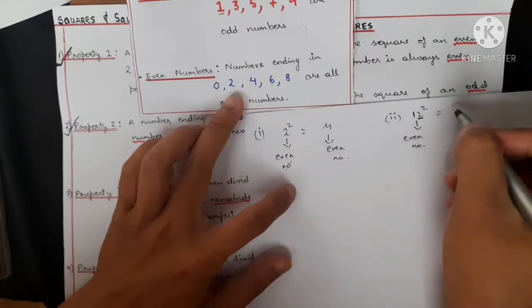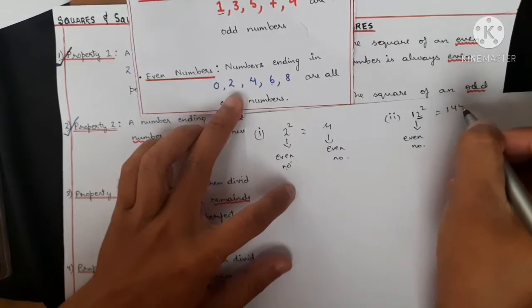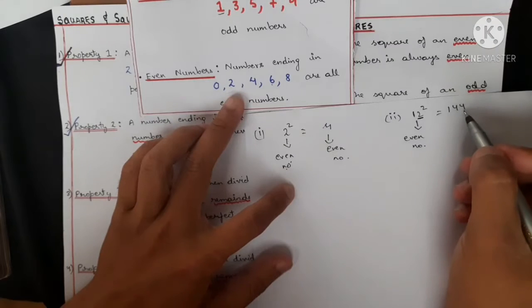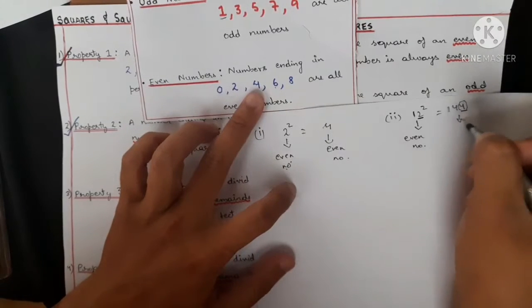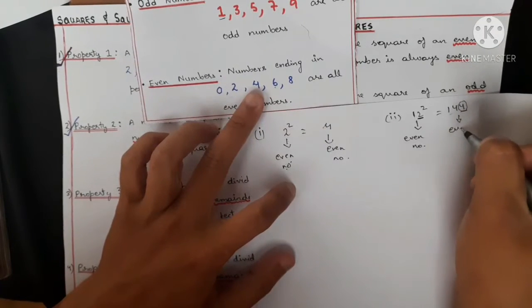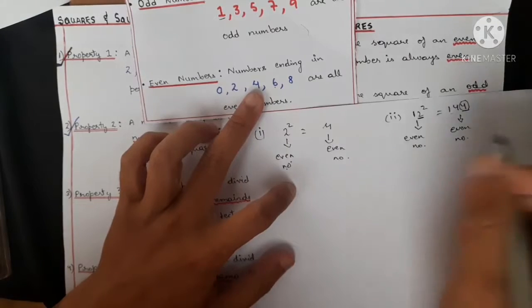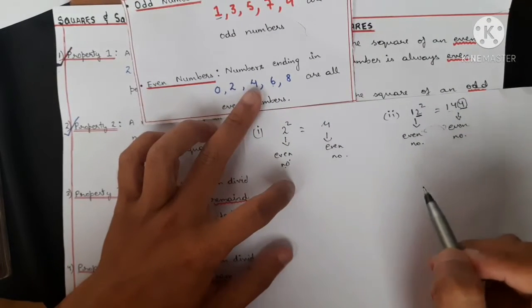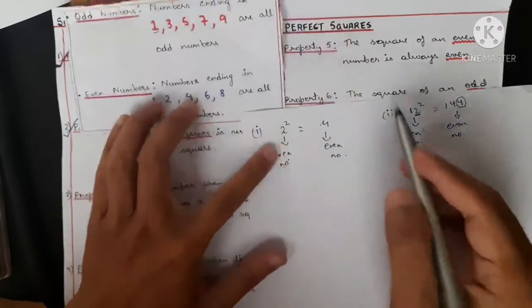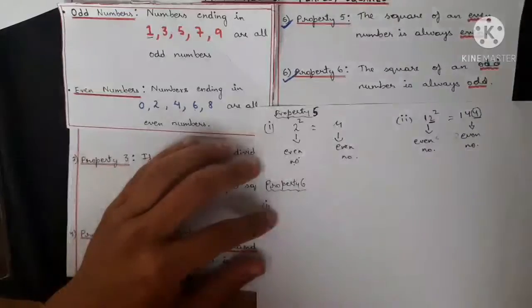And 12 square equals 144. And 144 ends in 4, and 4 is an even number. So 144 is also an even number. So you see, when you square an even number, the result is also even. Hence, this is property number 5.